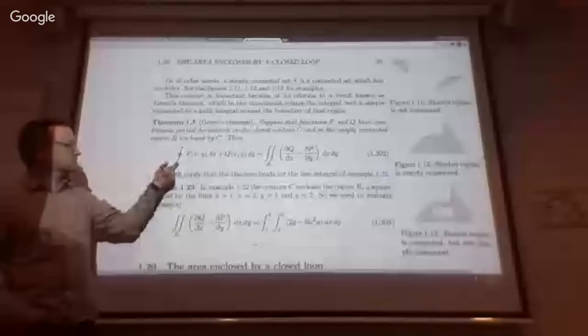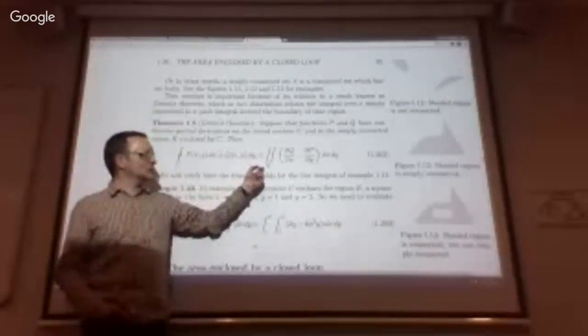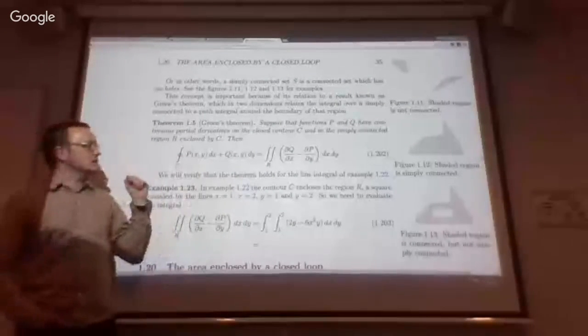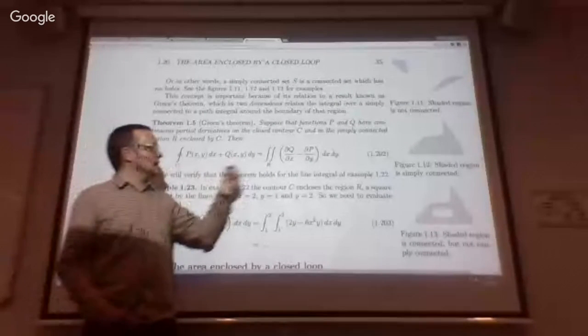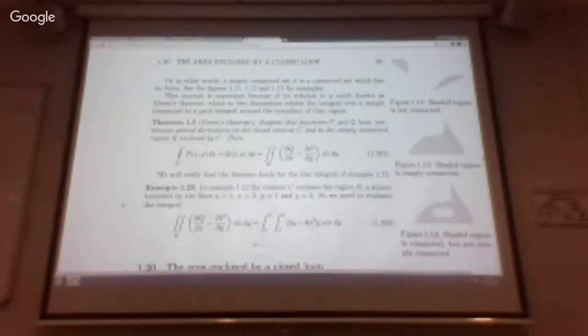And it is equal to the double integral over the interior of C, over the region enclosed by C, where you're integrating the difference of these two partial derivatives, ∂Q/∂x minus ∂P/∂y, over the region. There are many applications. It's interesting because it connects the two types of integrals.